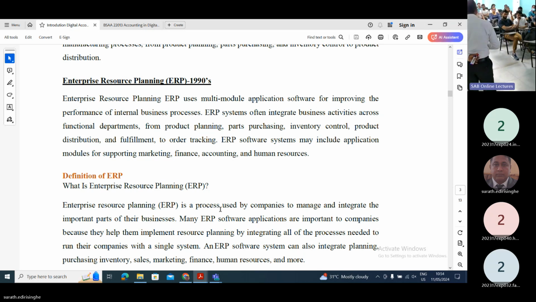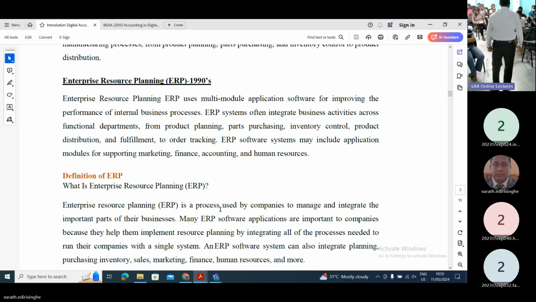Now you understand that the ERP is a multi-module system supporting the different activities of the organization. If you install such an ERP system in your company, there is no need to install any other software.